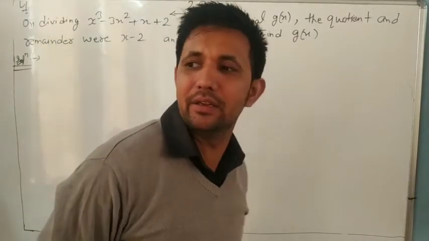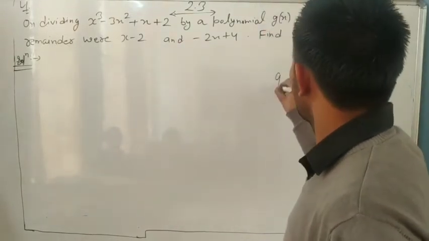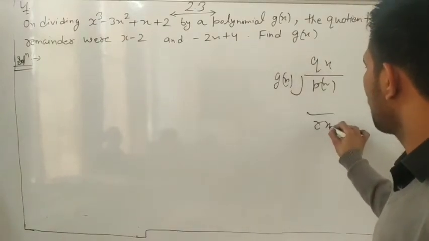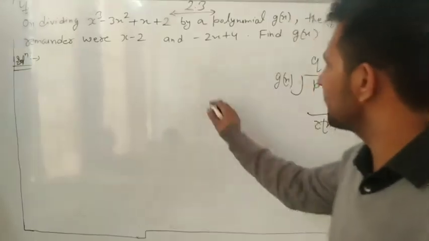We have to find g(x). It's very simple, dear. We know p(x), and we have to find g(x), and we have q(x) and r(x). We only have to find g(x).